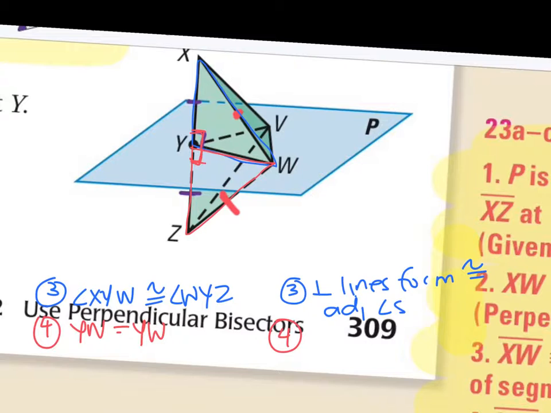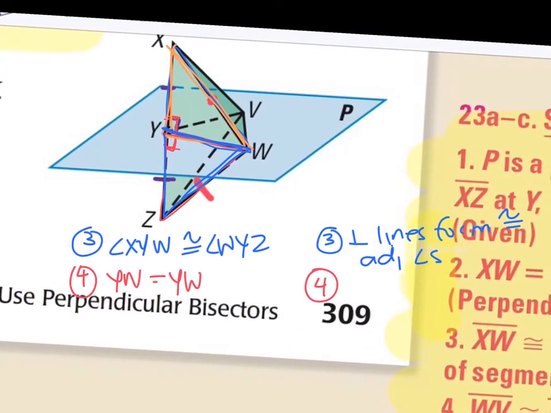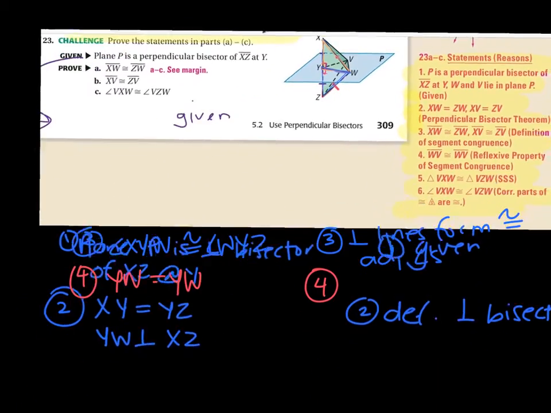So I'm trying to prove this triangle is congruent to this triangle. So there's one above the plane and there's one below the plane, like a triangle sitting on top of a piece of paper and another one sitting underneath it.